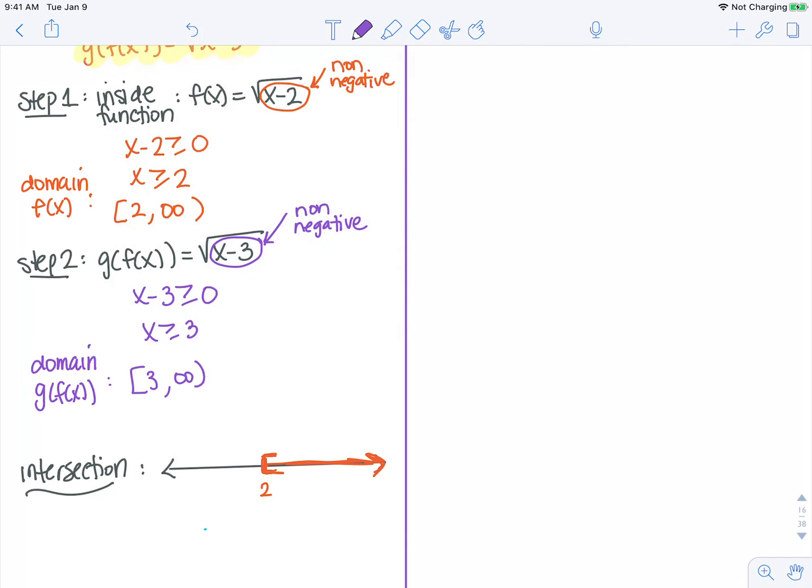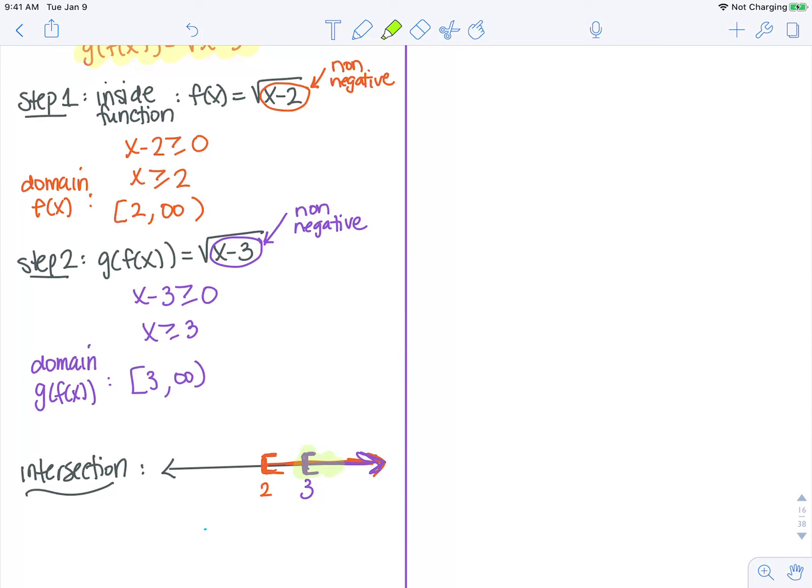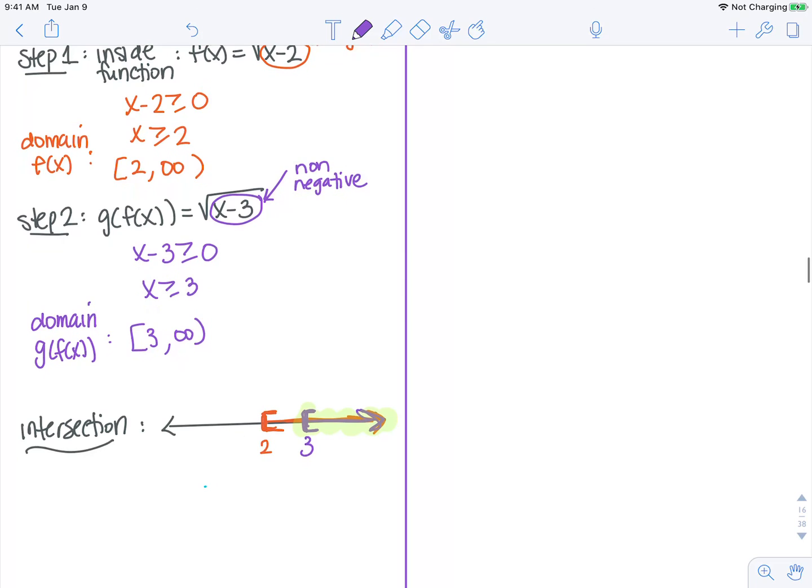And for my second domain, I have from 3 to infinity. Their intersection is where those two overlap on the number line. So that means that our overall domain is from 3 to infinity.